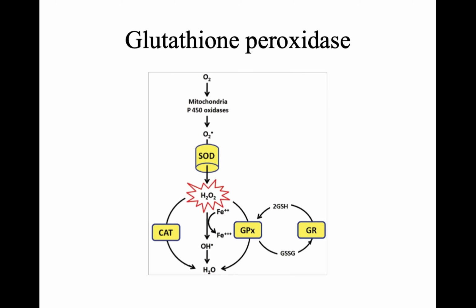And apart from this, as I told you earlier, glutathione acts as an antioxidant. In our body, sometimes reactive oxygen species are produced. What is the source of the reactive oxygen species? In most cases, it is the mitochondria, where the electron transport system takes place and we observe a series of electron transfer reactions.